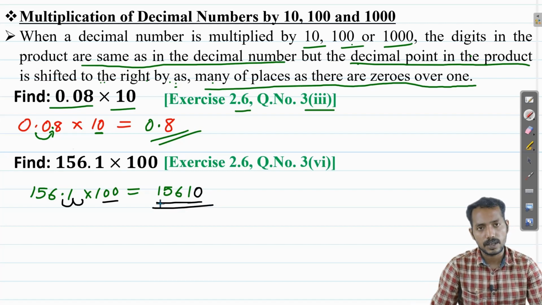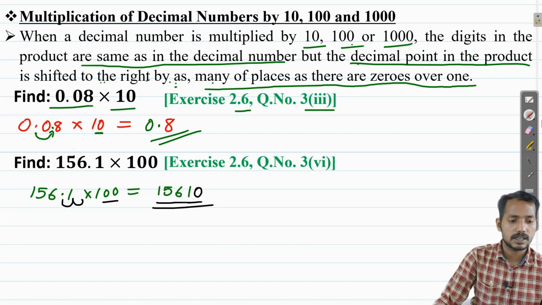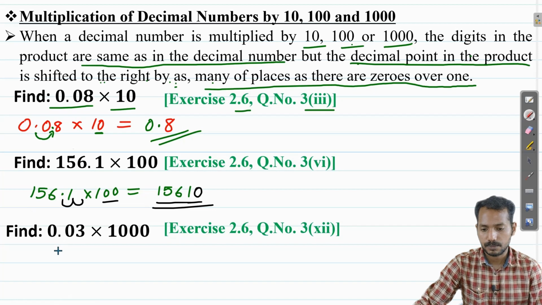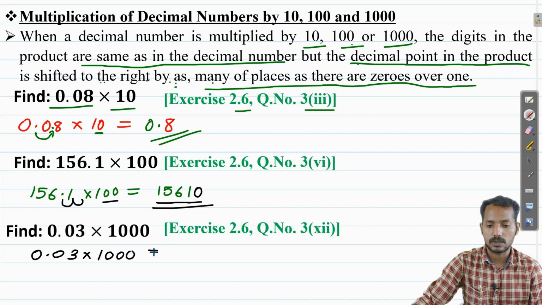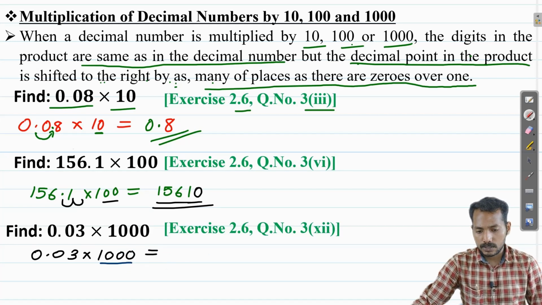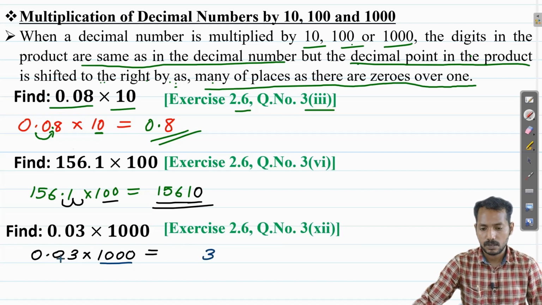So this is only what we have to remember regarding the multiplication. Let's take one more example regarding multiplication by 1000. That is 0.03 into 1000, which is equal to, what will we get here? There are 3 zeros. So shift the decimal point towards the right by 3 places. Digit is same. Okay. So 0.03, that is the digit.